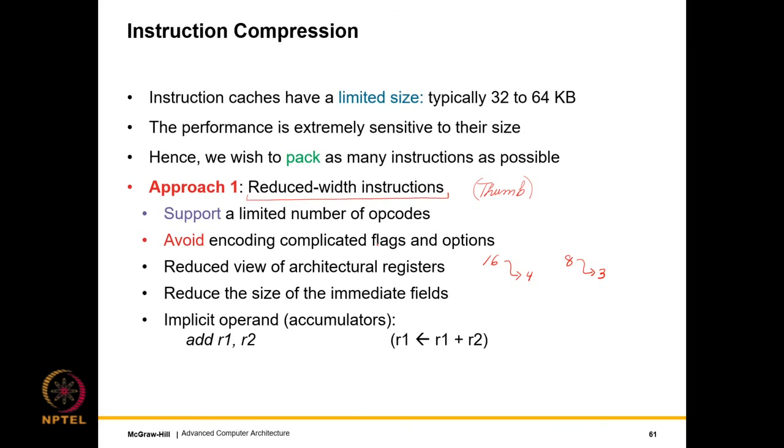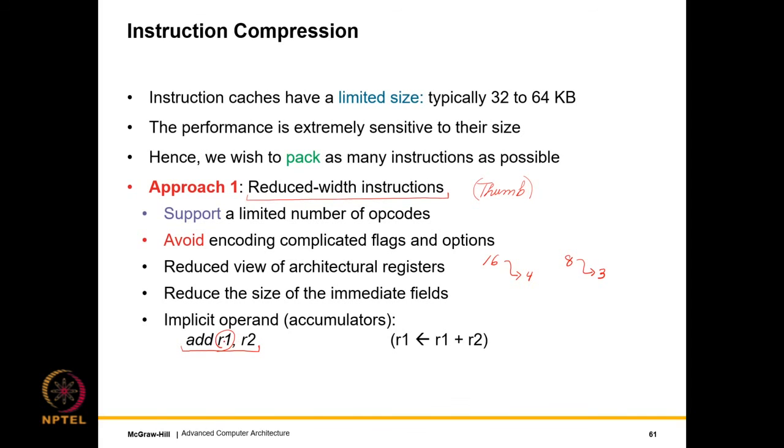There is no need to embed very large constants in the instruction. So this also can reduce the size. Furthermore, instead of having 3 arguments in the instruction, we can have 2. This approach is called an accumulator based approach, where register R1 is called the accumulator, because the operation that is performed is R1 = R1 + R2.